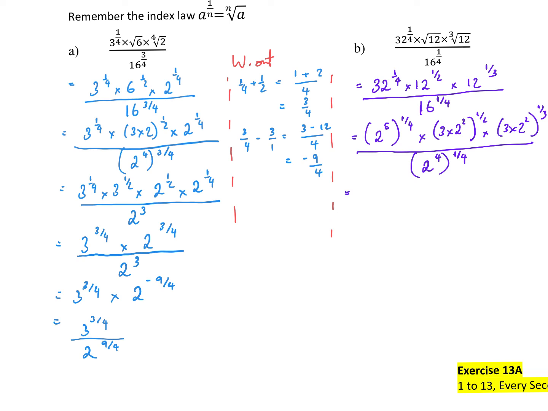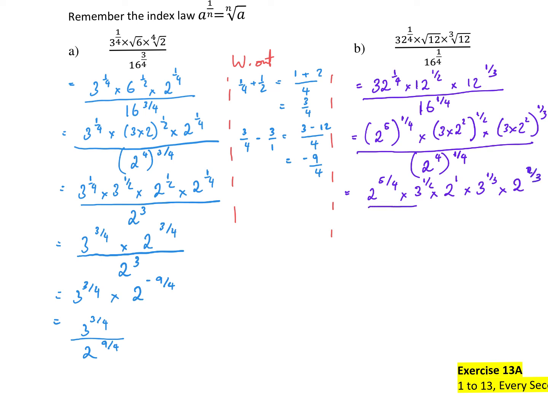Let's multiply out here, so 2 to the power of 5 on 4 times 3 to the power of 1/2 times 2 to the power of 2 times 1/2 is 1, so we don't need to do anything there, times 3 to the power of 1/3 times 2 to the power of 2 times 1/3 is 2/3.